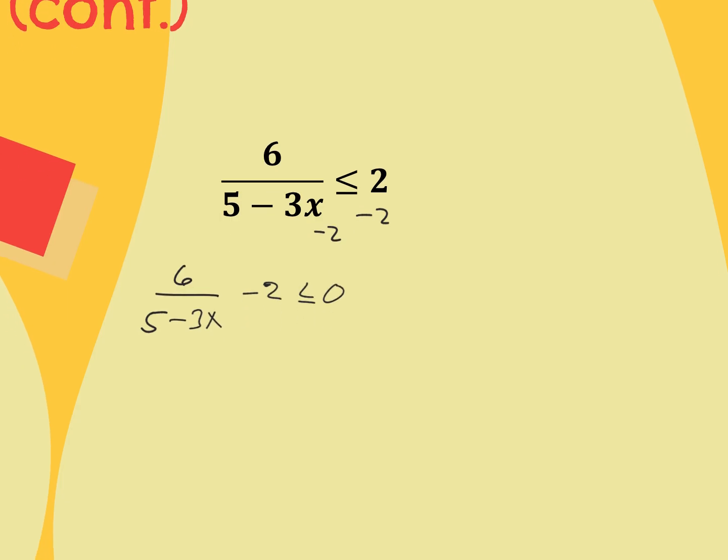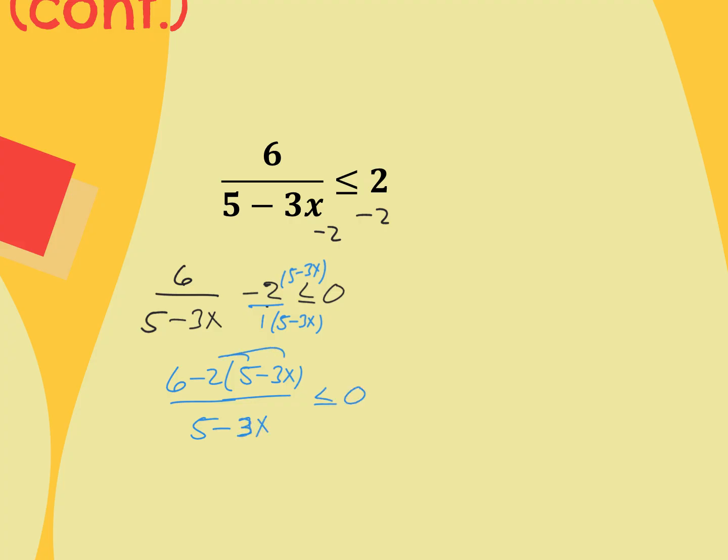And then I would write this negative 2 over 1, and then I would multiply by the common denominator, which is 5 minus 3x. And then I would get a 6 minus 2 times 5 minus 3x over my common denominator, which is 5 minus 3x, is less than or equal to 0.